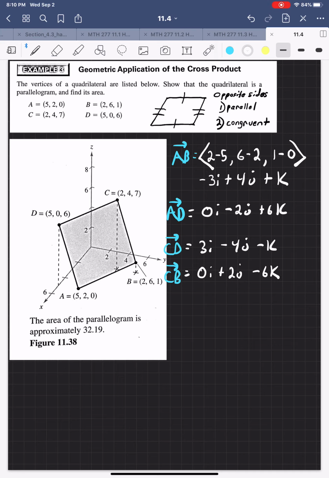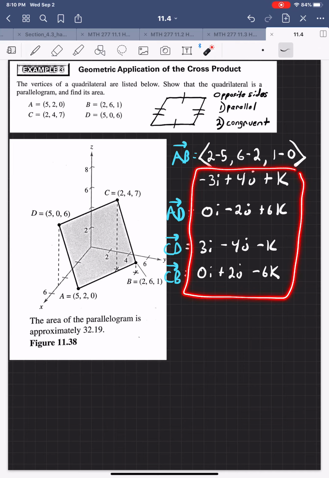All right. And as of right now, let's take a look at our 4 vectors. We need to be able to show that these are parallel and congruent. Let's start with congruence: you could show that they're congruent by simply taking the magnitude.